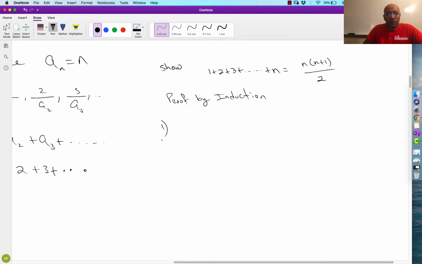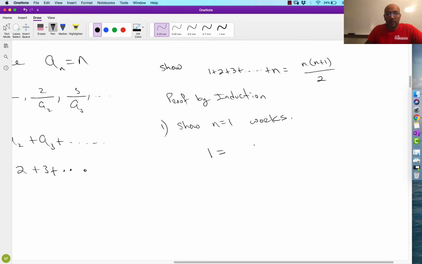Okay, so if you recall, step number 1 is to show the formula works for n equals 1. So n equals 1 means that on the left-hand side, we're just going to have the 1. On the right-hand side, if we replace n with 1, we get a true statement.